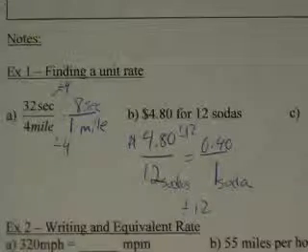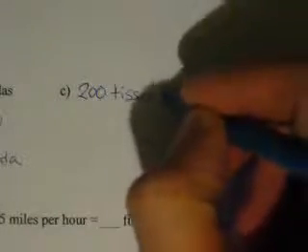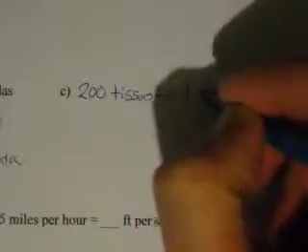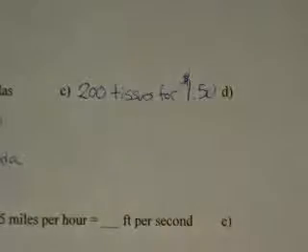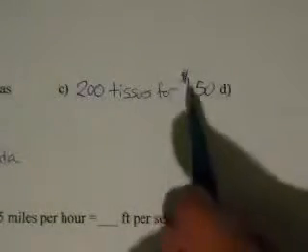Okay, now I'm going to give you 2 problems I want you to try. Letters C and D. Letter C is, if I buy 200 tissues for $1.50, how many tissues can I get for $1?